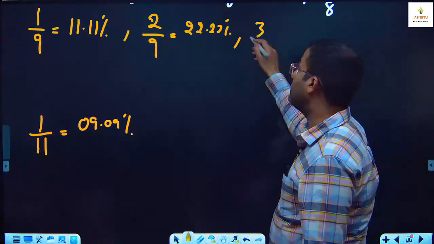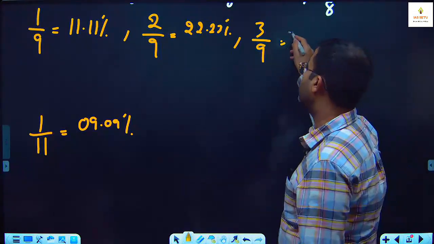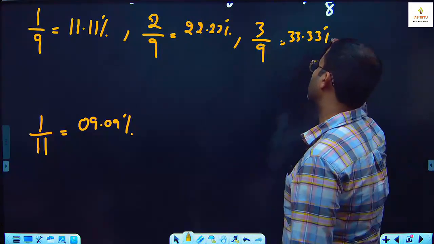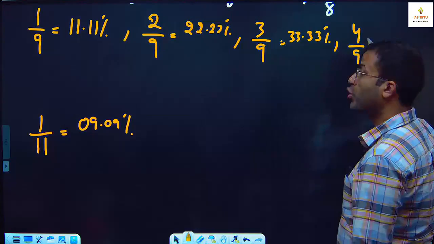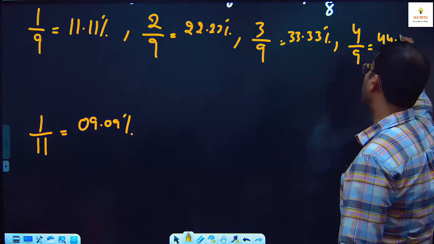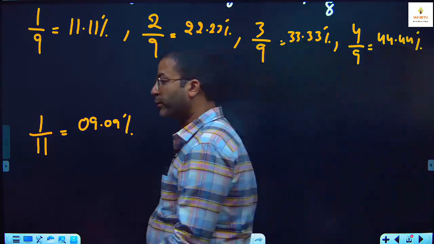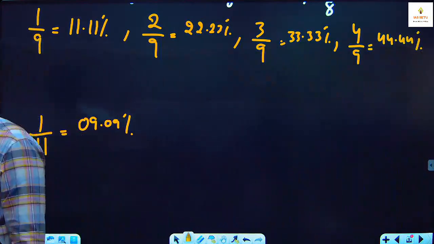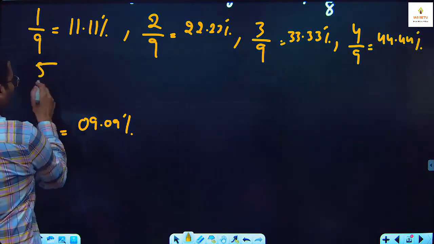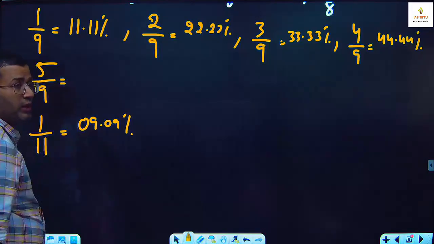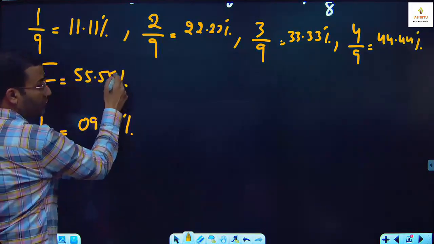Similarly, like 3/9, it will be 3 multiple of 11, so 33.33%. 4/9, 4 multiple of 11, 44.44%. 5/9, tell me 5/9. 11 5s are 55, so 55.55%.